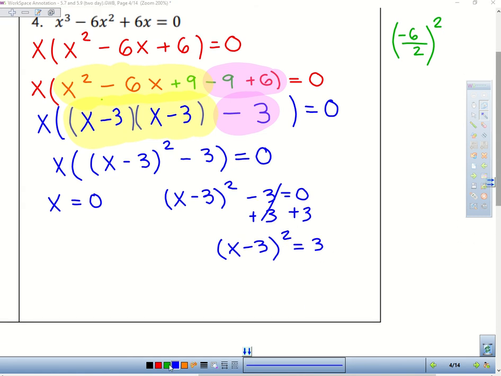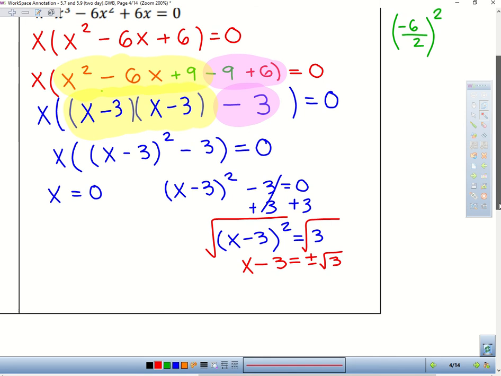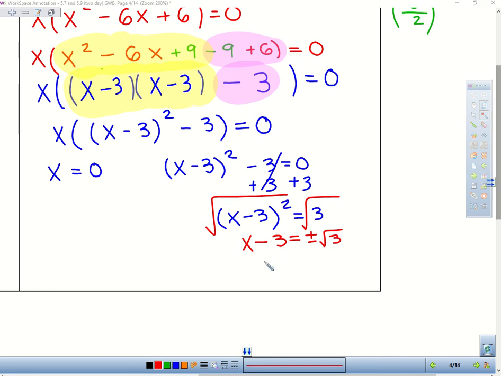Then you would square root it. It's not imaginary, it's not negative, it's just plus or minus the square root of 3, because if the square root doesn't simplify, you're just going to leave it as is. And then my last step to solve for x is to add the 3 over, right?